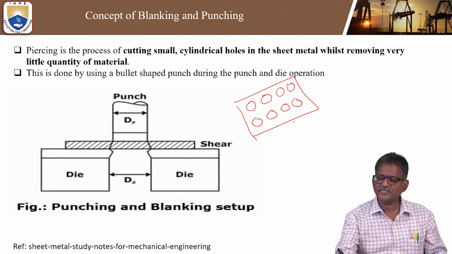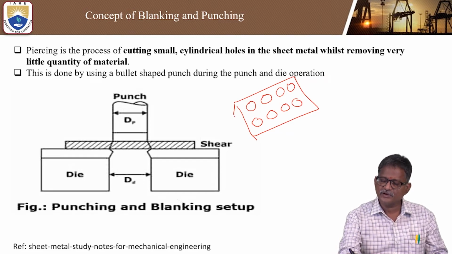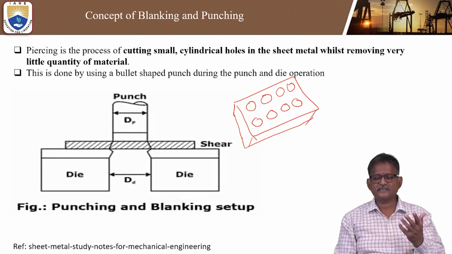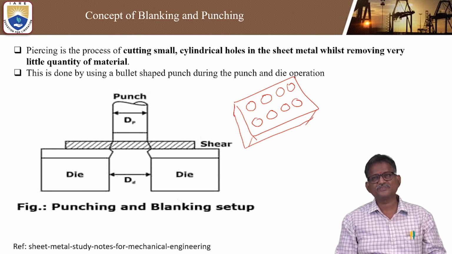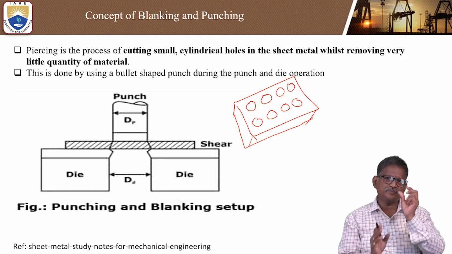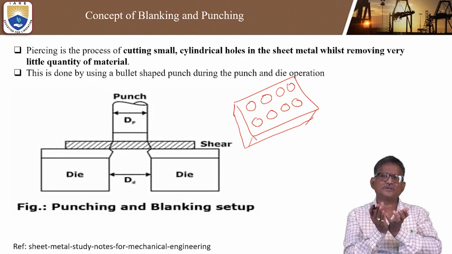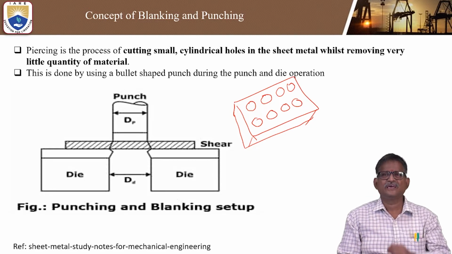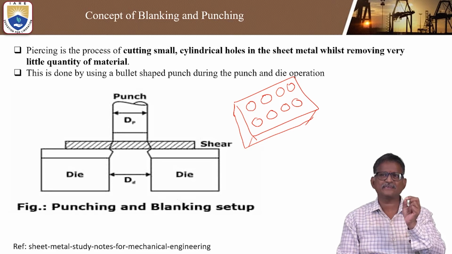It is a big sheet, so how do you remove this? That process we call piercing or punching, and it is done using a bullet-shaped punch or some circular shaped punch in the punch and die operation. This is the concept involved in blanking and punching.